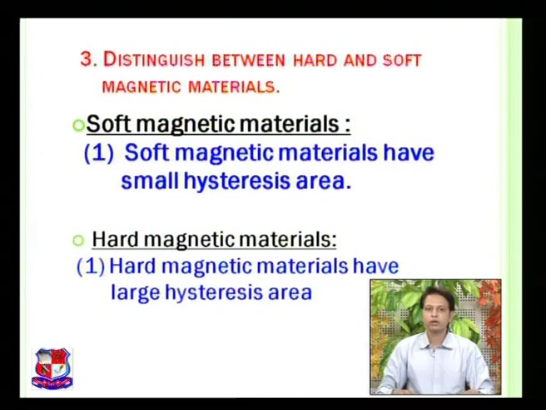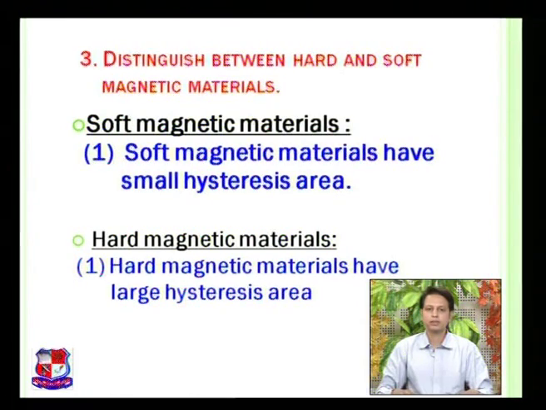The answer is that it is called soft magnetic material because on applying a magnetic field, this material can be magnetized or demagnetized easily. So they are represented as soft magnetic materials. In comparison to that, hard magnetic materials cannot be easily magnetized or demagnetized.